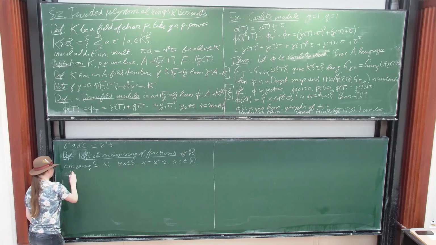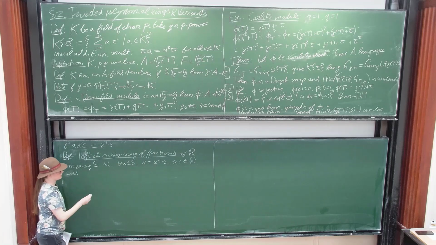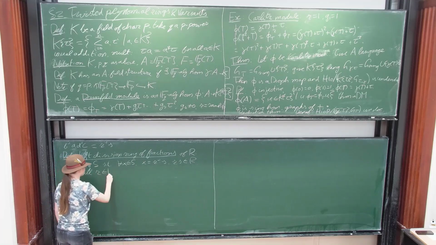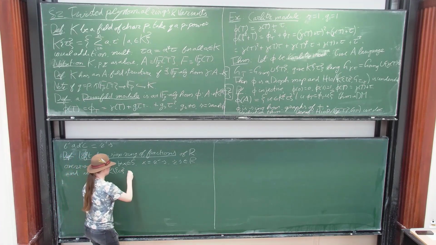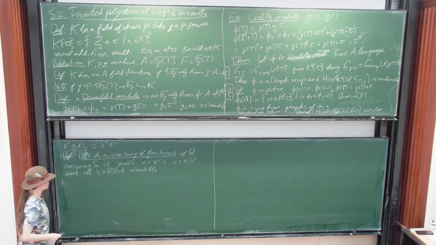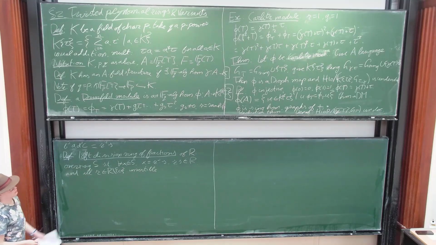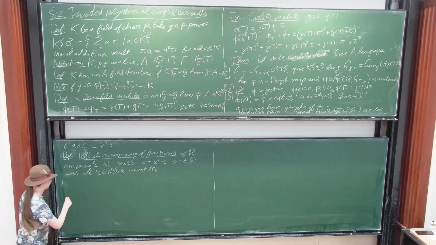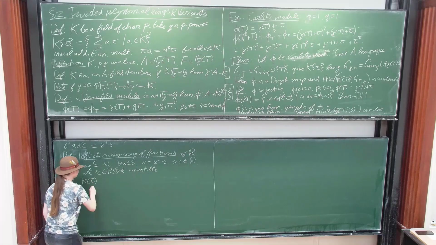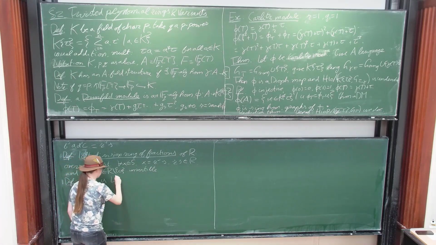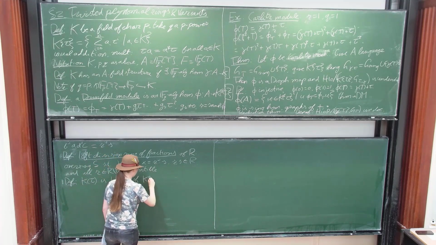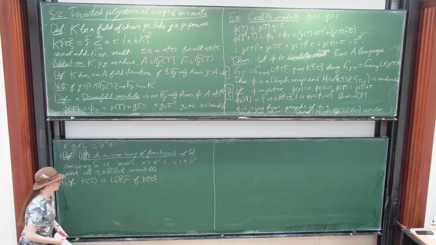And we want that all non-zero elements are invertible. And you are going to believe me that this exists, because I don't have time to explain. So K(tau) is the left division ring of fractions of the twisted polynomial ring.